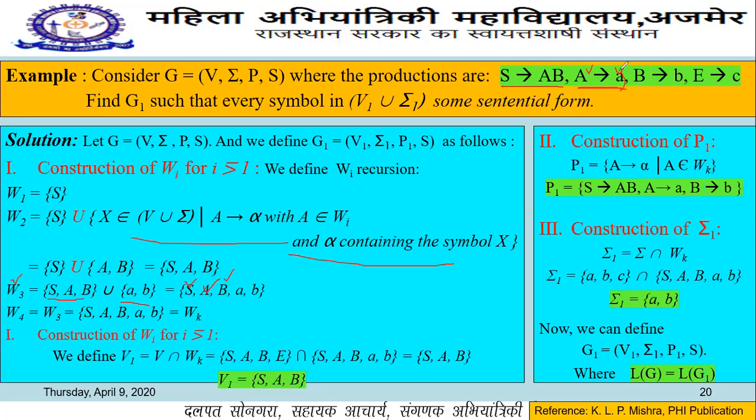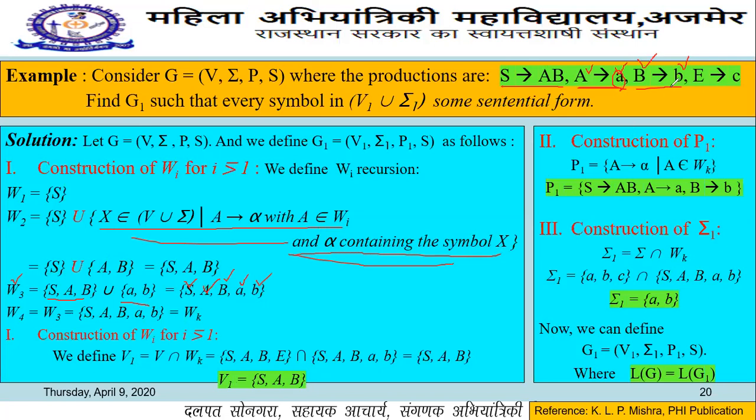Therefore, we include this a into our set. After that we go for this production. This B of course belongs to W2 and is already in the set W3. Next we include this B symbol because it belongs to V union sigma, according to this rule.